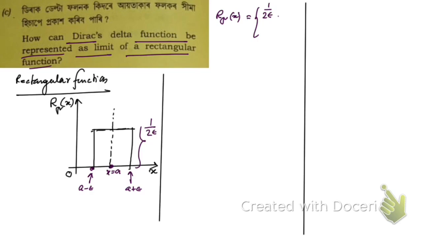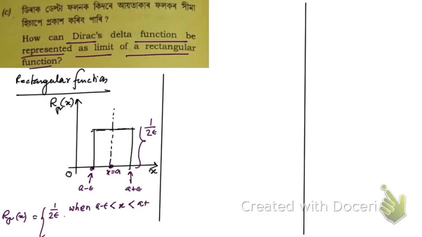This rectangular function can be defined as r sigma of x is equal to 1 by 2 epsilon when x is greater than a minus epsilon and x is less than a plus epsilon.